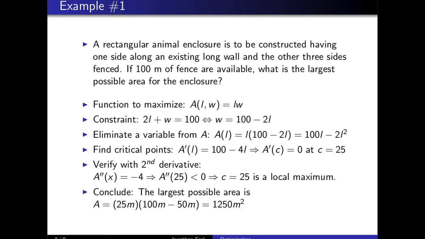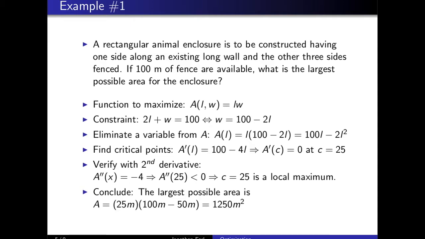Doing that, we can eliminate the W variable from A and get down to A as just a function of L, which will be L times 100 minus 2L, or 100L minus 2L squared. From there, we want to find our critical point, so we take our derivative, get 100 minus 4L, which tells us that we'll have a critical point at L equals 25.